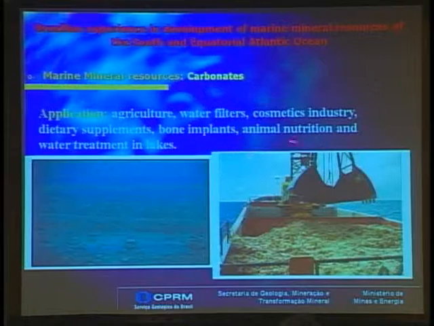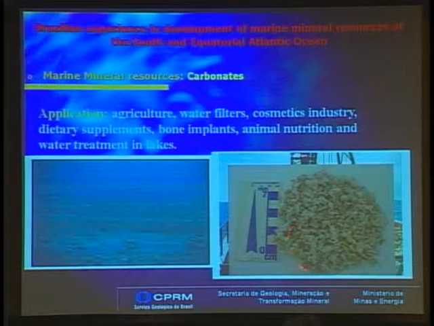These carbonates are used mainly for agriculture, water filters, cosmetic industry, dietary supplements, bone implants, animal nutrition, and water treatment in lakes. Next. This is just how it looks when we collect it from the sea bottom.